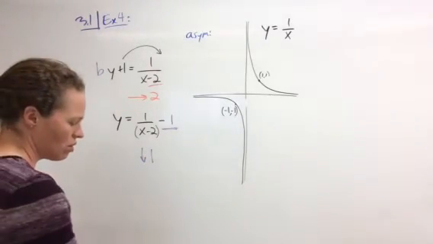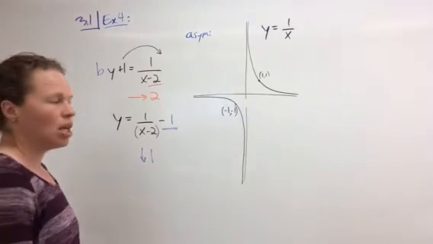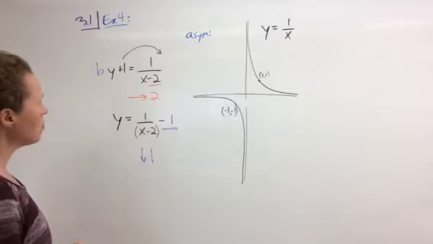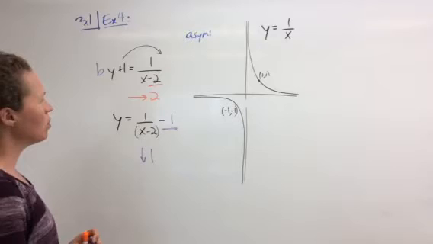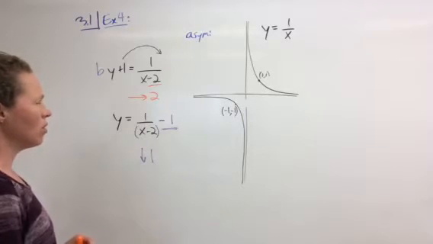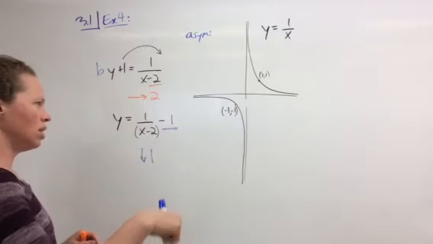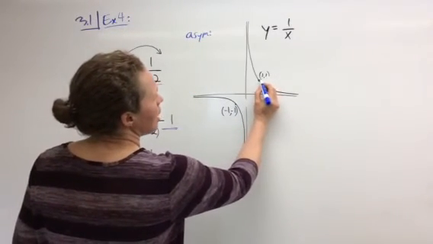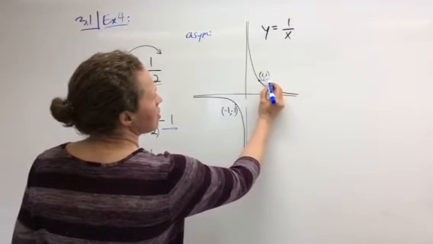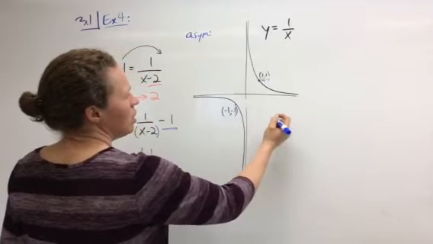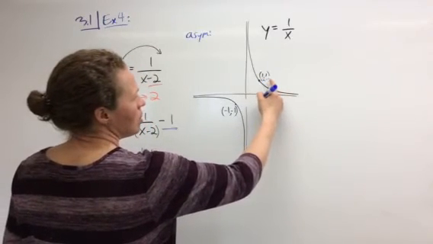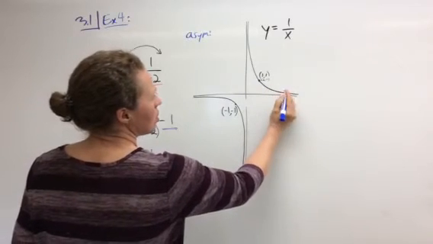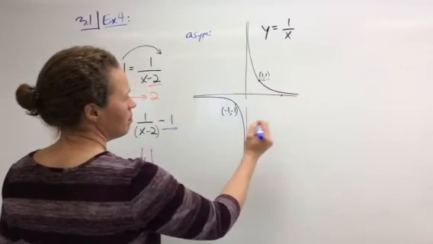So now I can just apply that to my points and I can count them out if I want to. So my new graph is going to go that way 2 and down 1. So I'm going to add 2 here and subtract 1 here. So 1, over 2, down 1. It's going to give me a new point right here.